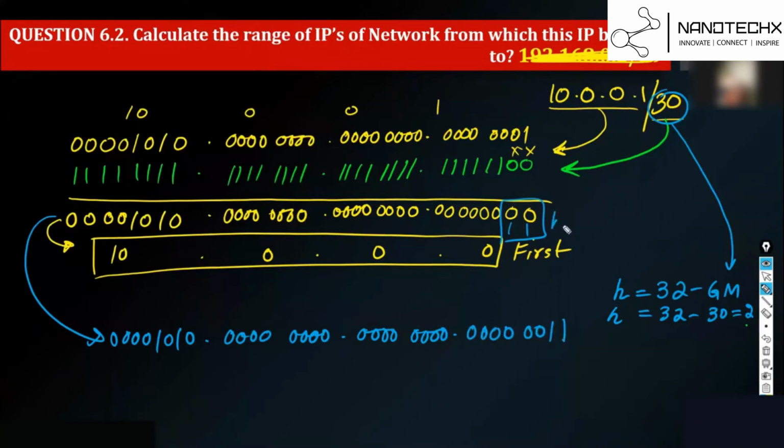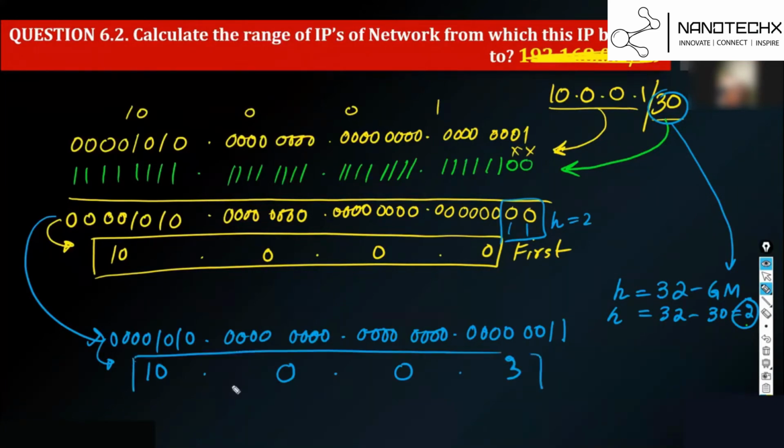Because the value of H is equal to 2. So 2 means 2 bits have to be changed. Now convert this one to a normal number, which becomes 10.0.0. What is this? 3. Right? So this is our last IP address.